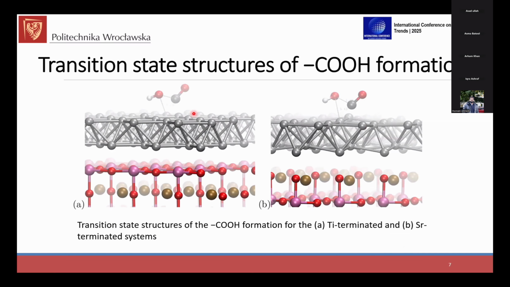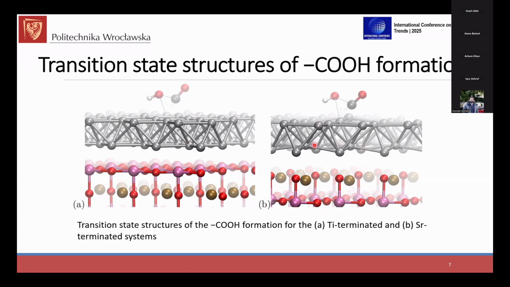So to explore more these structures and how these carboxylic groups form and how they hinder the catalytic performance of the catalyst. So these are the transition state structures of the carboxylic COOH formation on the TiO2 terminating and SrO terminating systems.